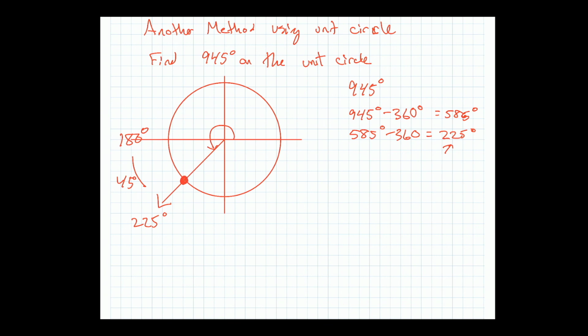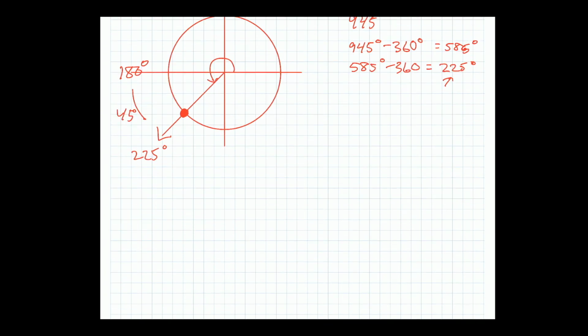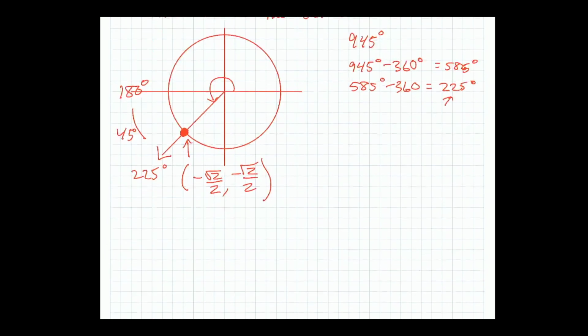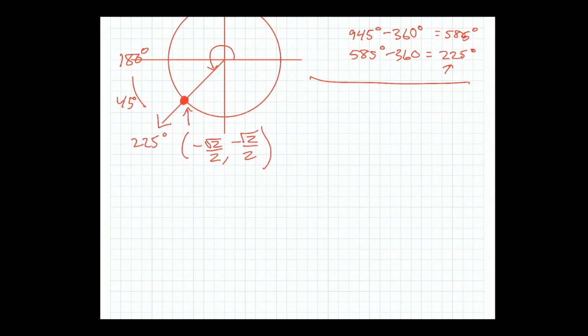Now, what are the coordinates here? The coordinates at that point are negative square root 2 over 2, negative square root 2 over 2, from knowing the unit circle. So all of that, now I can try to do this.